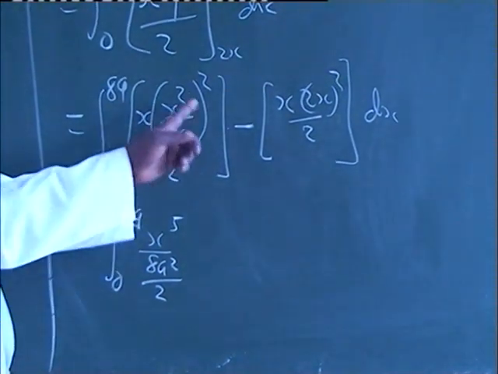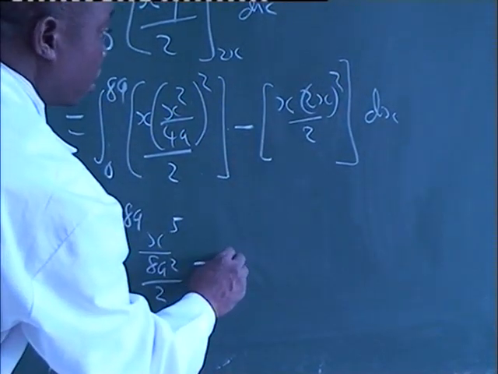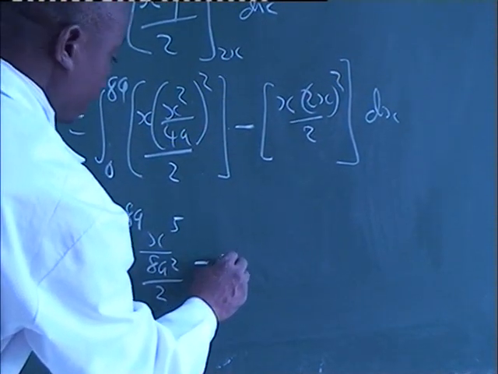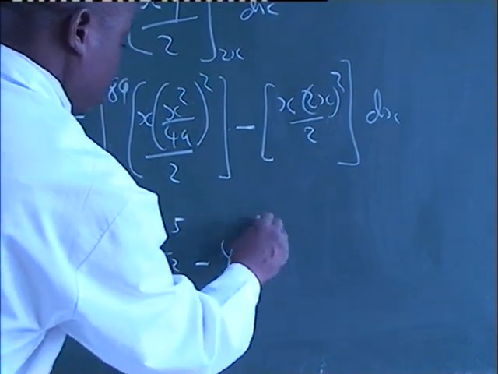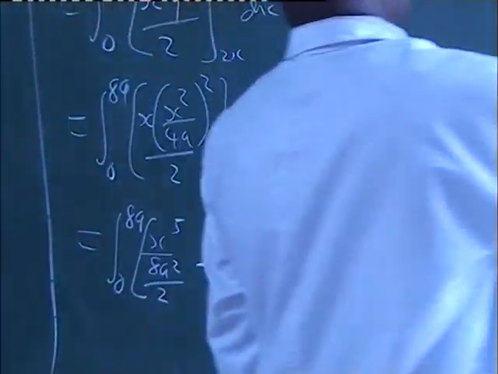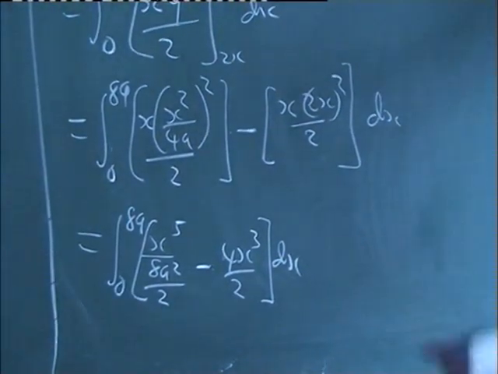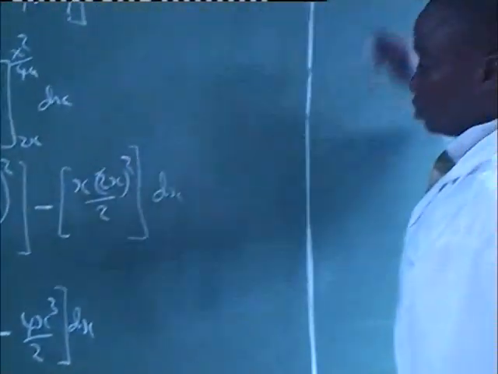That is what this place gives. Minus, going this way, we have 4x cubed over 2, dx. And that means what we have is the integral 8a to 0.